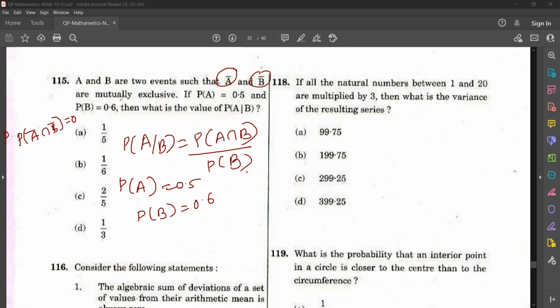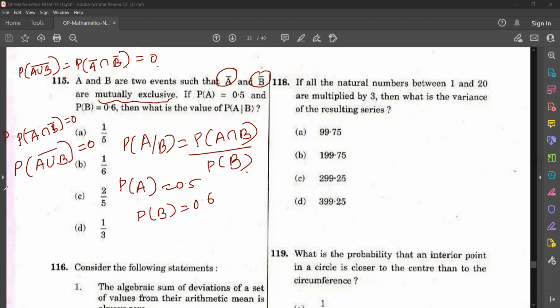Because both are mutually exclusive. If they are mutually exclusive, their intersection will be 0. Now, that indicates P of A union B the whole bar equal to 0, isn't it? Because P of A union B the whole bar equal to P of A bar intersection B bar. So that is 0 because A bar and B bar are mutually exclusive.